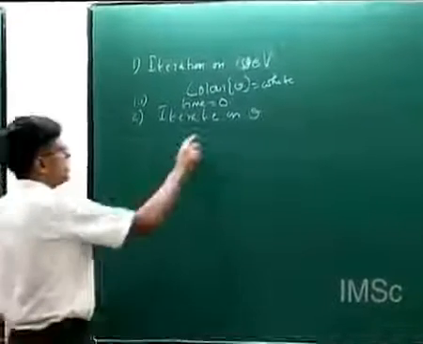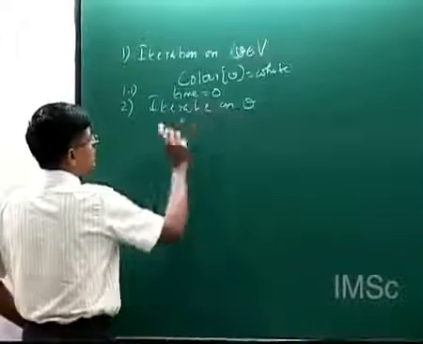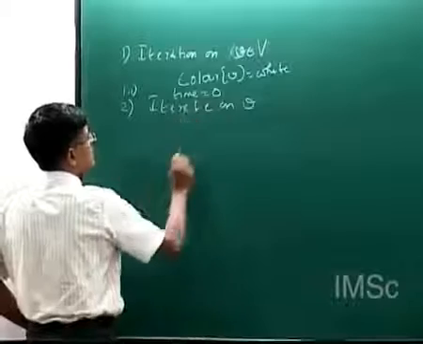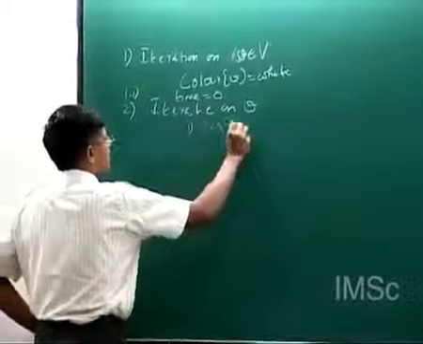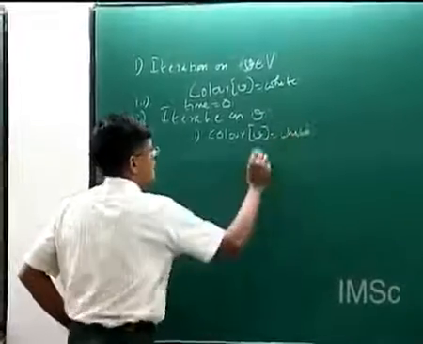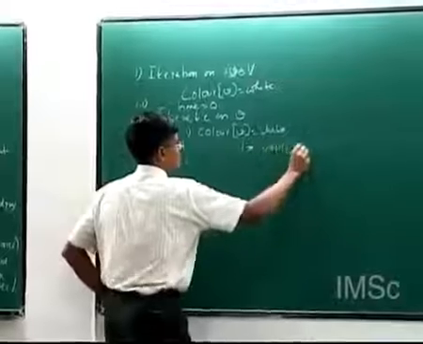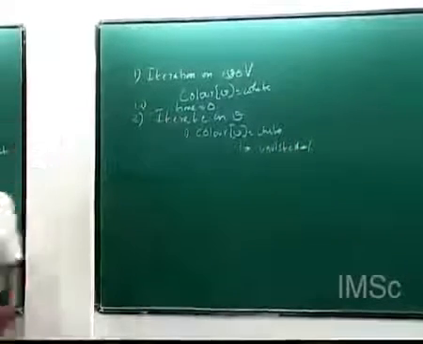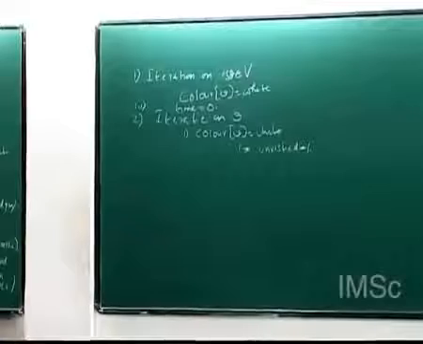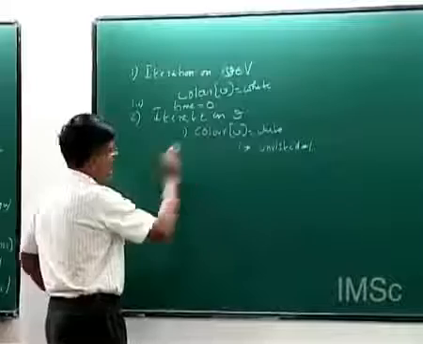And iterate on V, right? First check is to check if color is white, which would mean that v is unvisited, right? And now you start an exploration at v because v is unvisited, right?